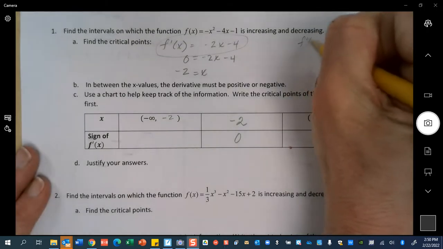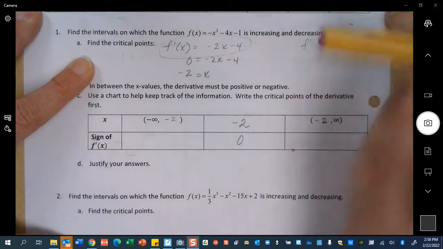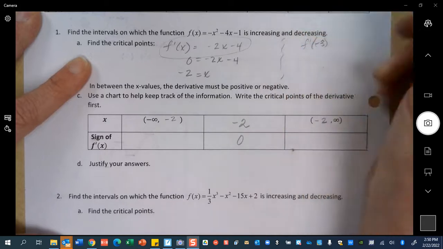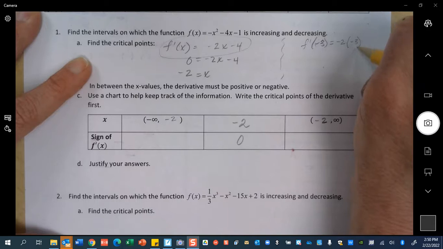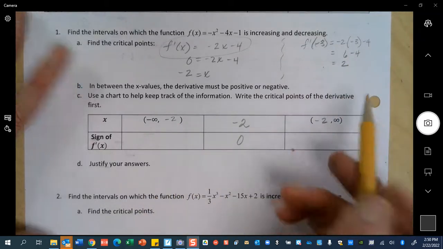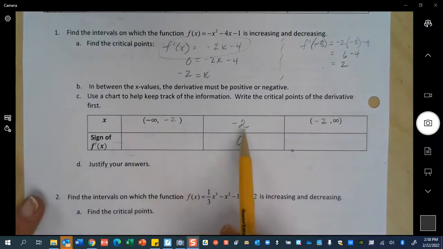So what is the derivative when my function has a value of -3? Which means -2 times -3 minus 4, which is equal to +6 minus 4, which is equal to 2. So what is the sign of my derivative on this side of my critical point?